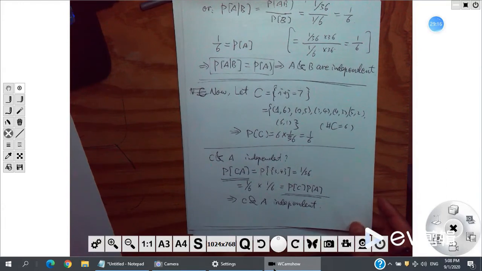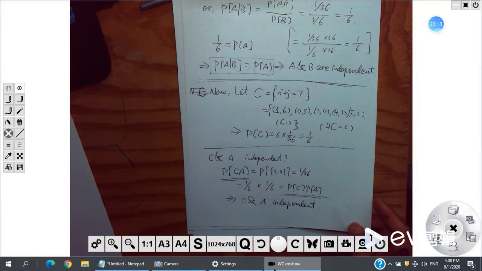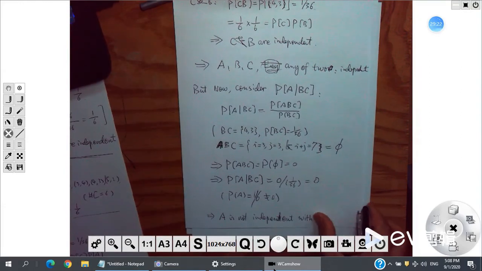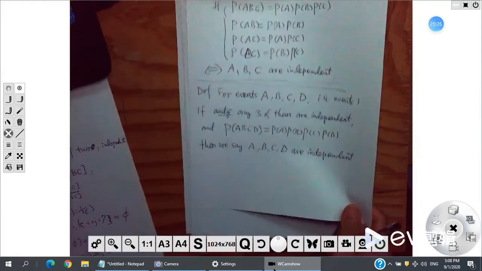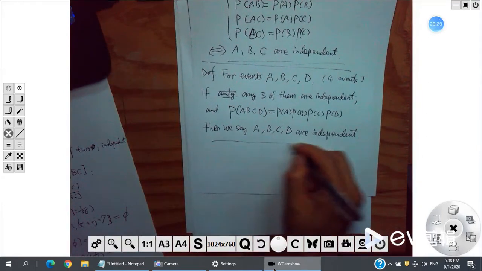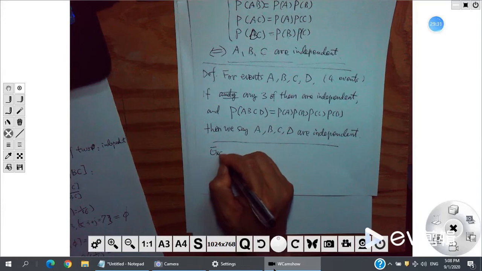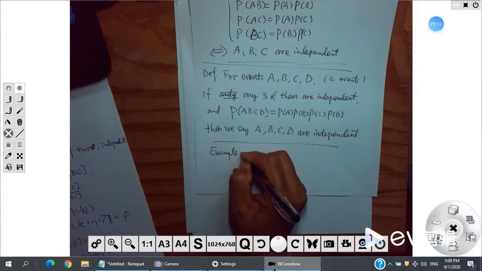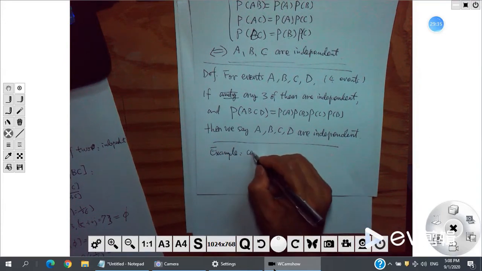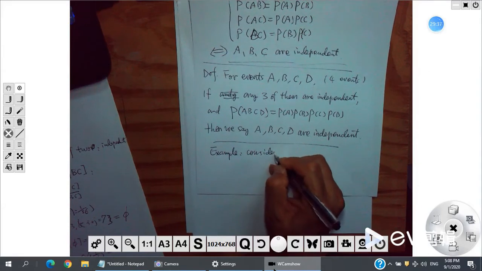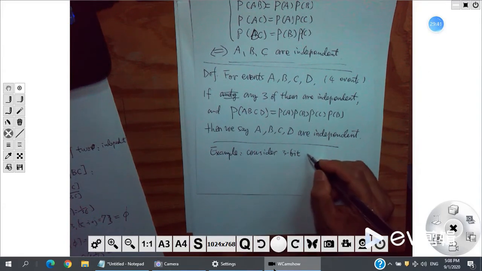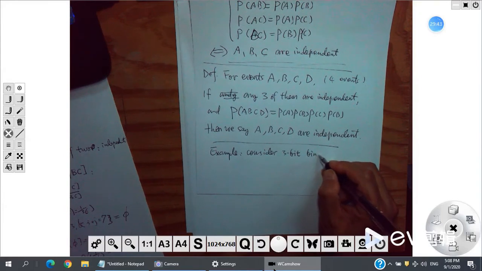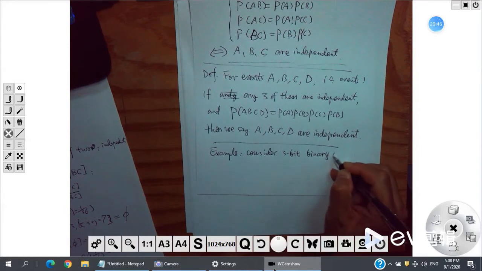Right? Can we have examples of 3 events, they are independent of each other? Yeah, we can use this one. We have this example before, right? Similar example we have. Example. Consider 3-bit binary code.